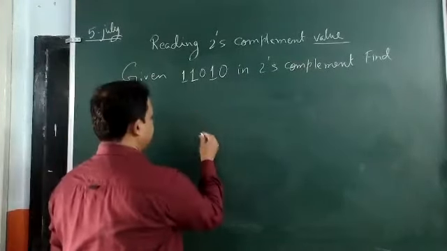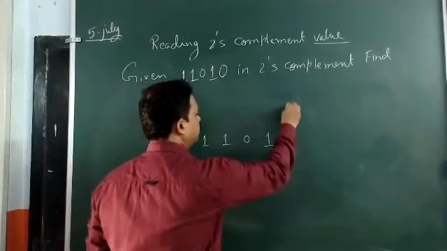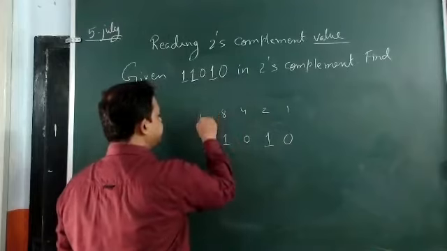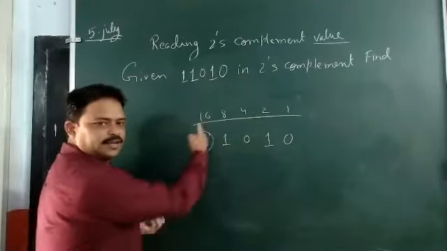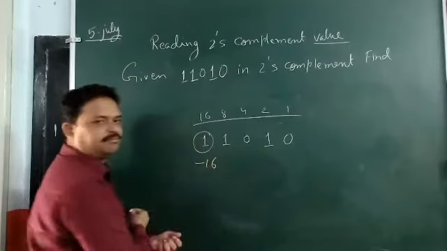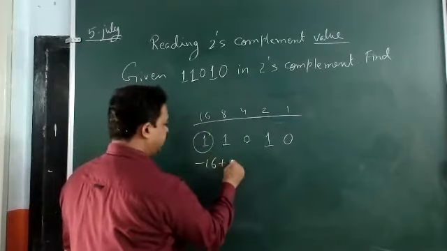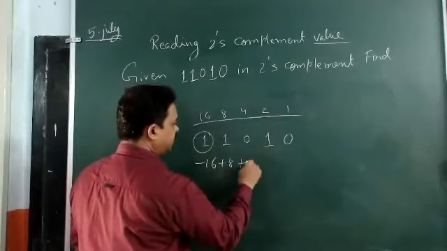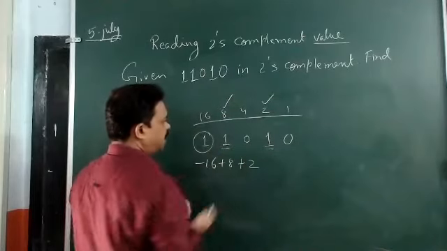Let me have a revision here. 1, 1, 0, 1, 0. Place values 1, 2, 4, 8, 16. The last bit is the sign bit, so here you write down -16. Then plus 8 plus 2. There we have a 1.